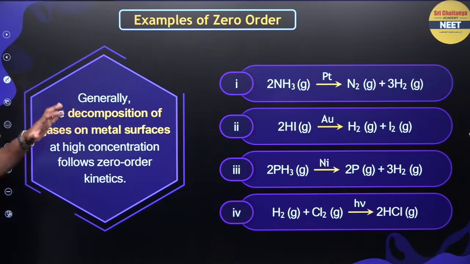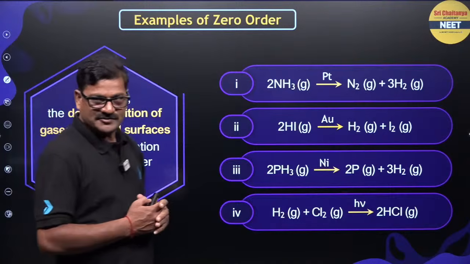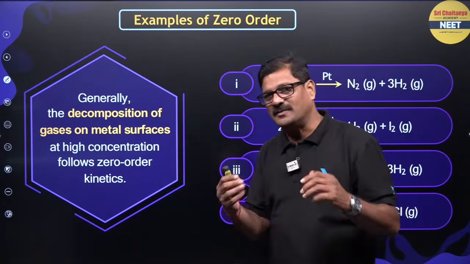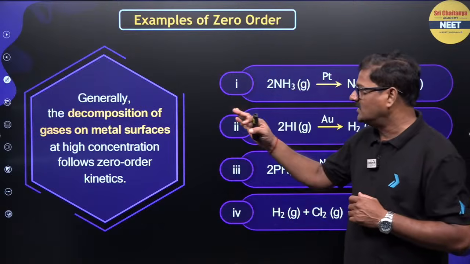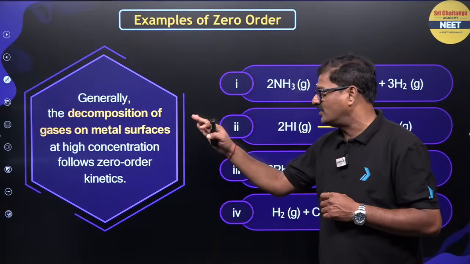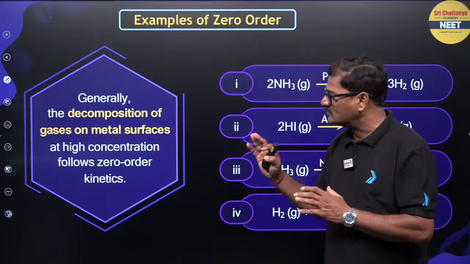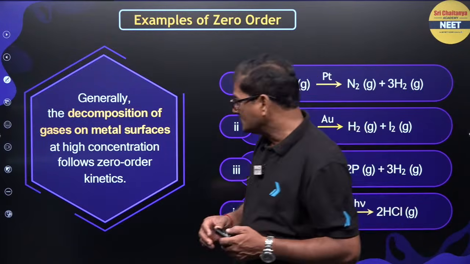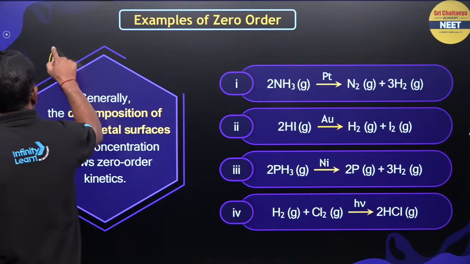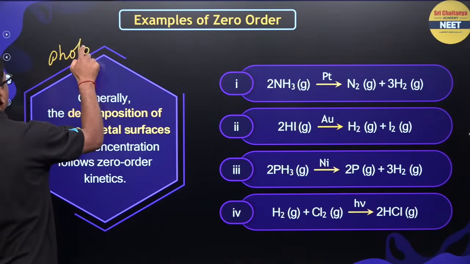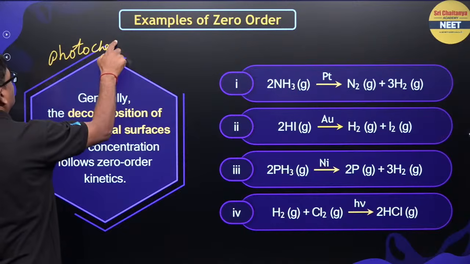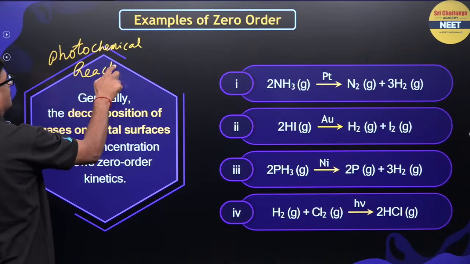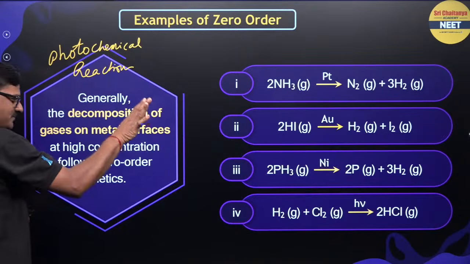Now we are examples of zero order reactions. याद रखना है क्या? नहीं, but पता करने का मेरा ड्यूटी है. Generally, decomposition of gases on metal surfaces at high concentrations follows zero order reactions. Also, photochemical reactions follow zero order kinetics.